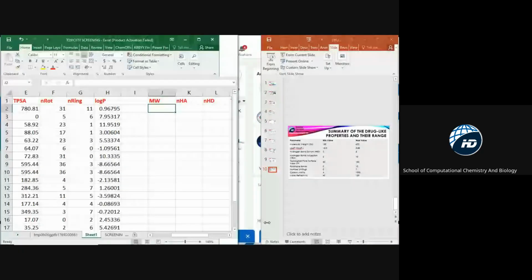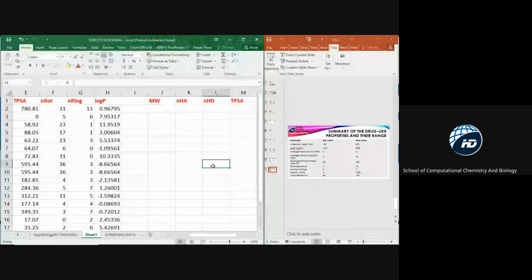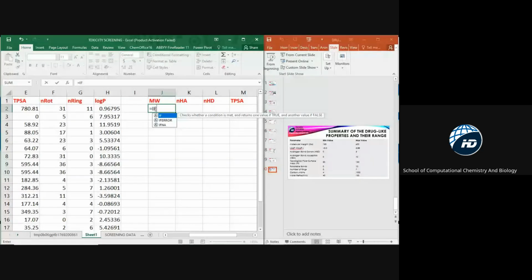All right. So let's come here and say equal to. This is the function you write. You say equal to, you say IF. After IF, you open bracket. You say AND.